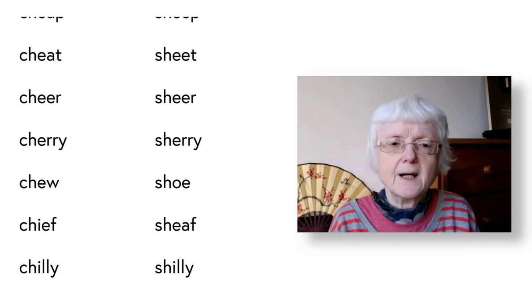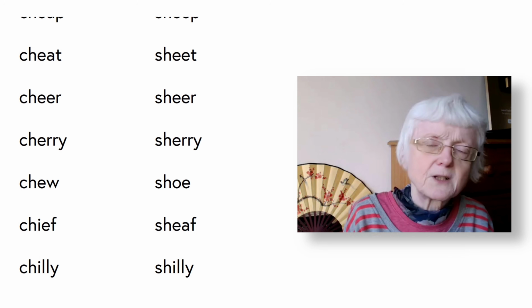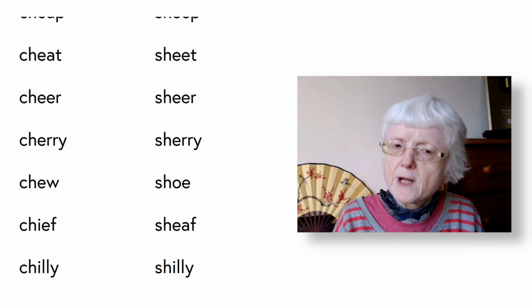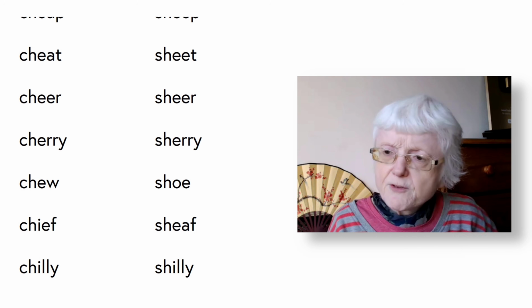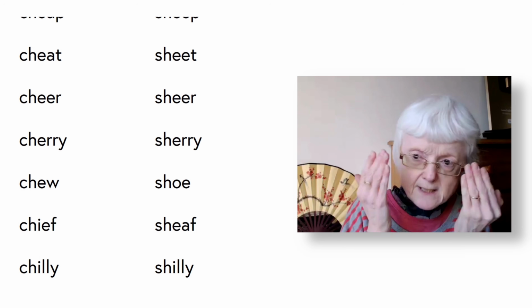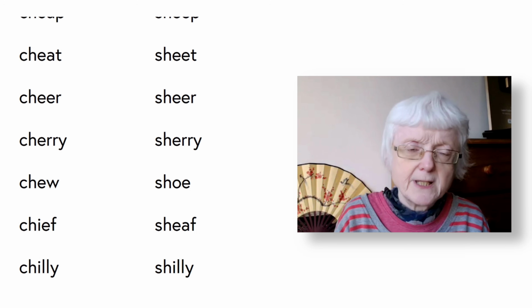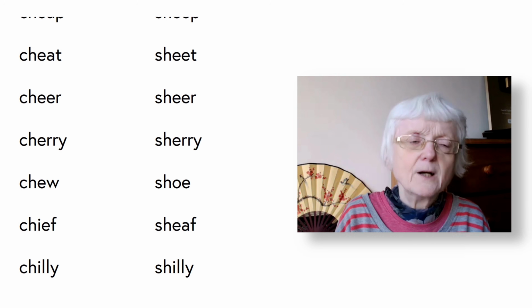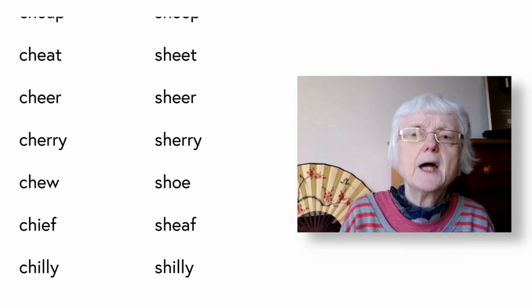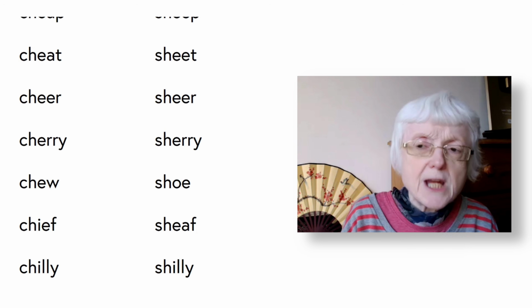That was sheer luck, that was absolute luck. Or sheer can also be a transparent piece of material that you can see through, very thin and transparent. If you want to say those words after me, cheer and sheer.